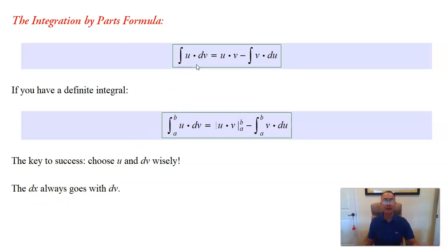Once you decide on who is going to be your u and who is going to be your dv, to complete the formula we need to find v from dv, and we need to find du from u. Then we will be left with another integral, but if we keep our fingers crossed, hopefully this second integral is going to be simpler than our original integral.